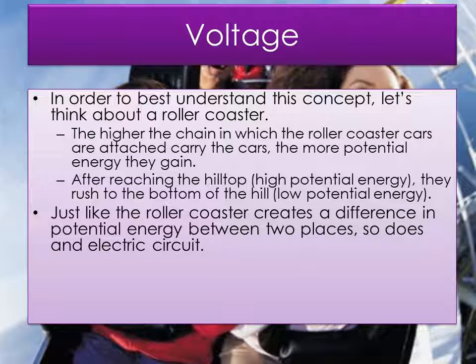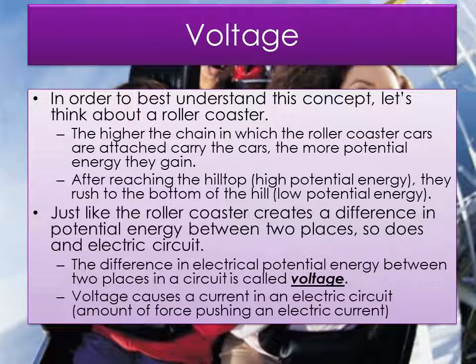Now, just like the roller coaster creates a difference in potential energy because you went from a high potential energy at the top to a low potential energy at the bottom, so does an electric current. The difference in electrical potential energy between two places in a circuit is called voltage. So let me repeat that so you got that. It's the difference in electrical potential energy between two places in a circuit, and that's called voltage.